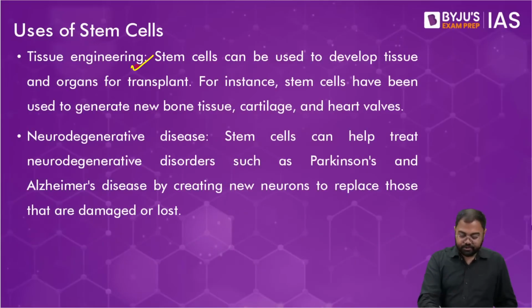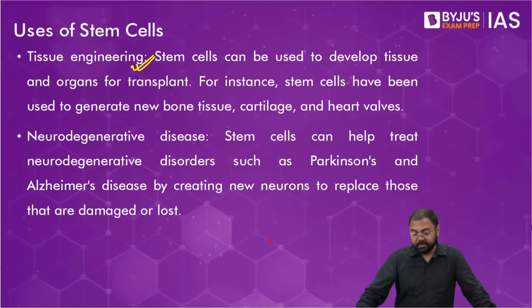Similarly, it can also be used in tissue engineering. So tissue engineering basically is a method where we try to create new tissues or new organs to replace a diseased or an infected organ, or maybe even because of accidents, etc. So for example, let's say due to an accident somebody has lost something, or some organ has been damaged, or some part has been lost.